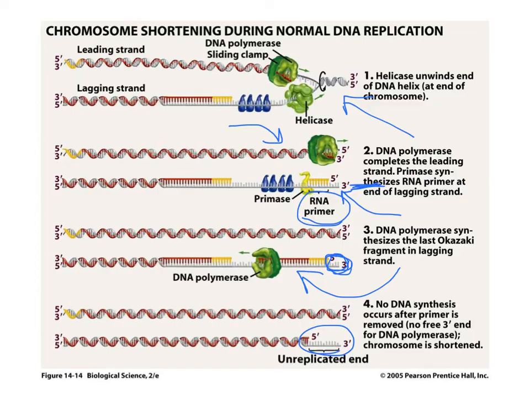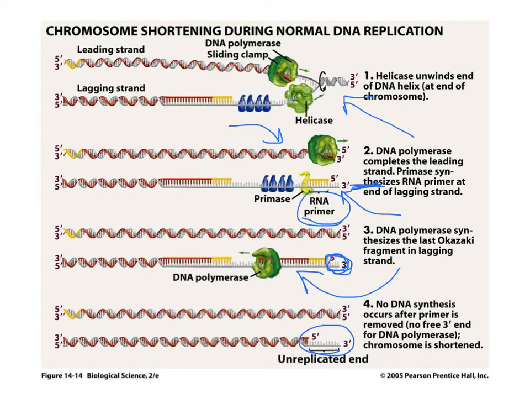Now, if this only happened once, maybe that wouldn't be such a bad thing. But remember, DNA replication happens every time a cell goes through mitosis or meiosis. Imagine if you were a skin cell. Remember, your skin cells are continuously dying and being sloughed off. And skin cells have to constantly go through mitosis in order to replace the dead cells.